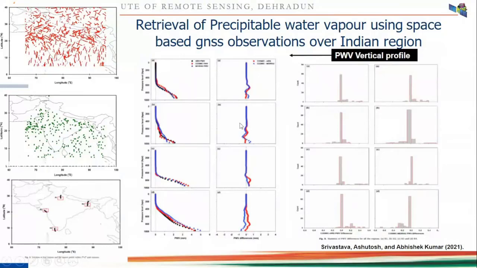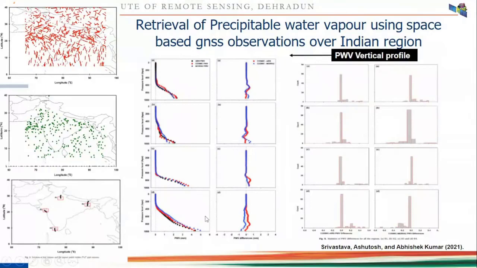We can see here that up to around 600 hPa the water vapor is higher, and after that there is almost no water vapor. So the maximum water vapor lies within maybe 15 or 20 kilometers only, and after that no water vapor will be there. In the lower troposphere the water vapor is higher. So we can derive this using this data.